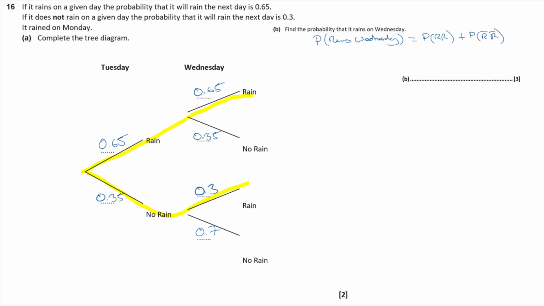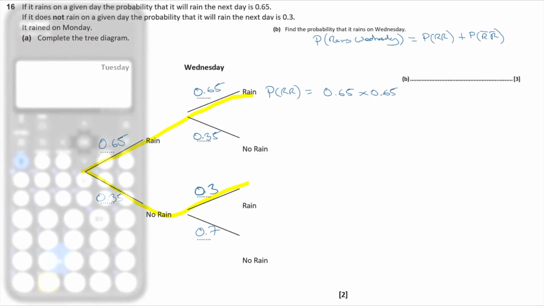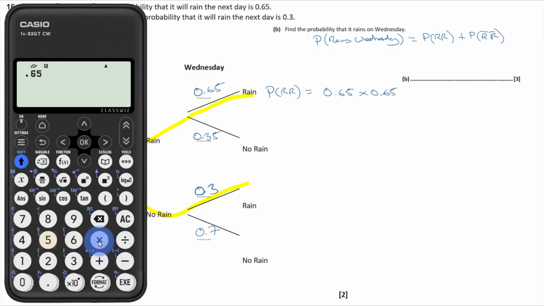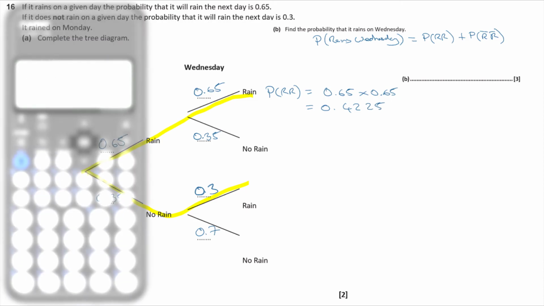Now the probability of rain is that one there, look, and that is going to be those two numbers multiplied together. 0.65 times 0.65. What's that then? 0.65 times 0.65, or 0.65 squared. That's 0.4225.